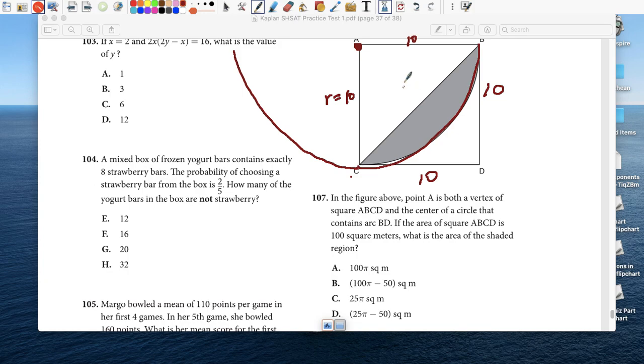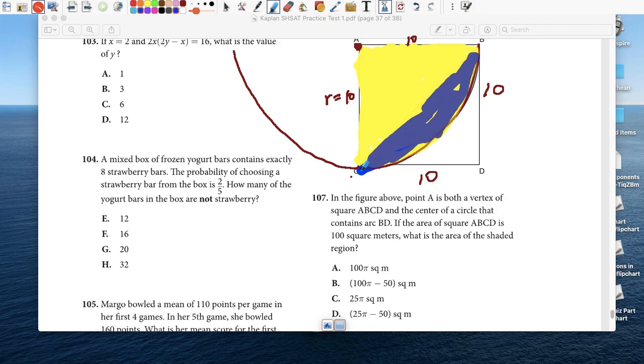The area of the shaded part, and I hope you see it, is this right here. Maybe if I shade the whole thing in yellow, you'll see that it's a quarter area of a circle, right? And the shaded part is this.